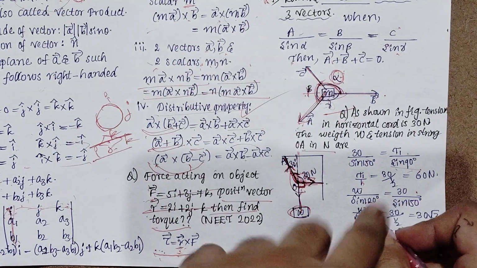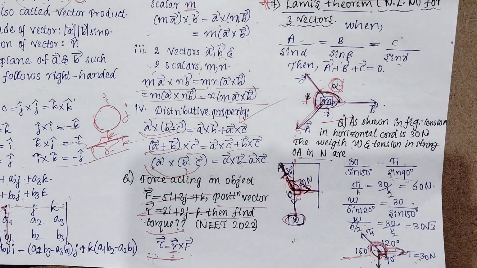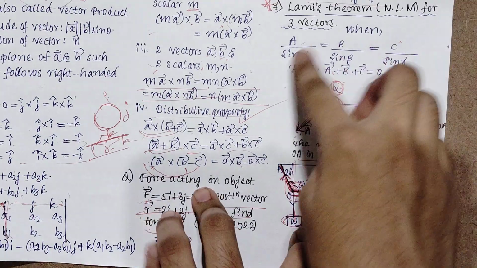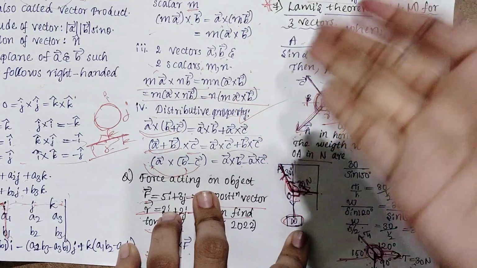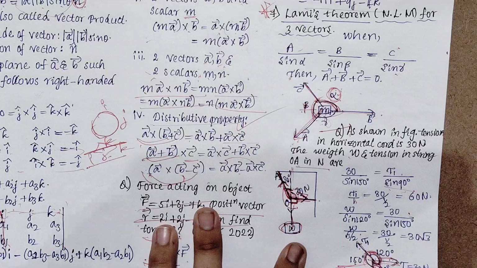By this you get the value of W. So you get the weight and the tension in the string by Lami's theorem. You just have to remember this: force divided by the sine of the opposite angle.